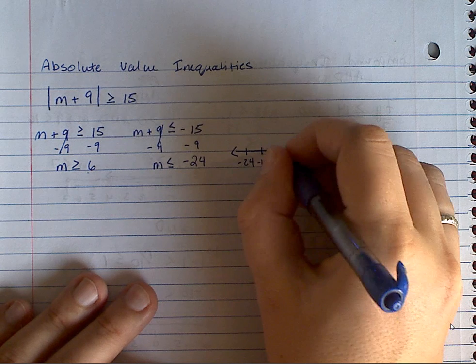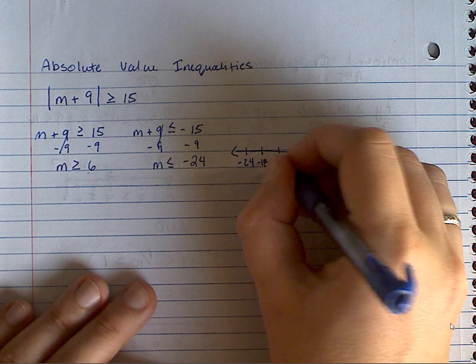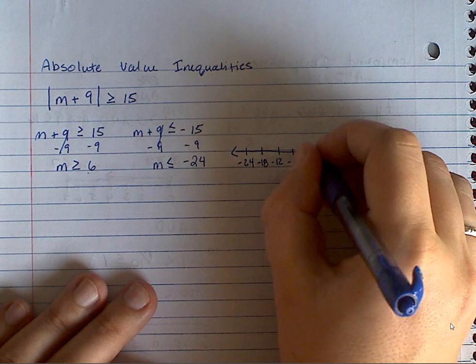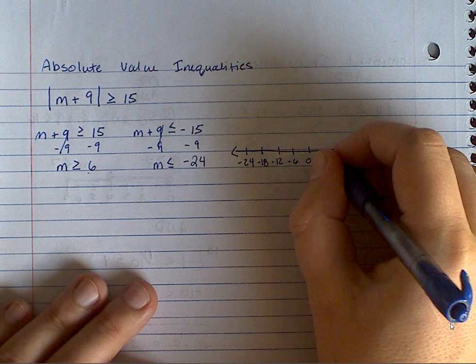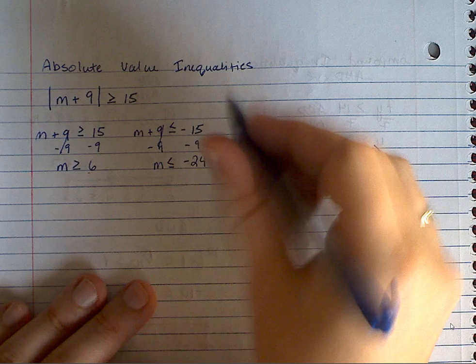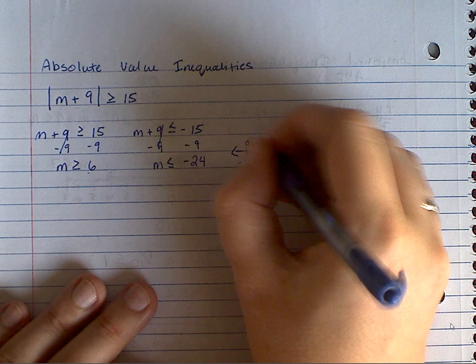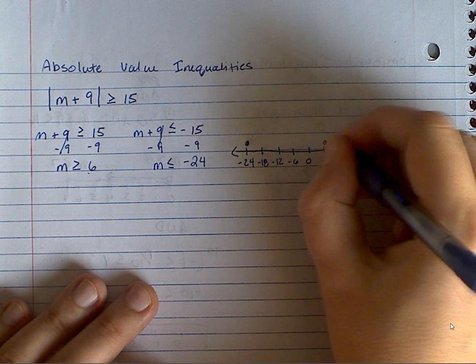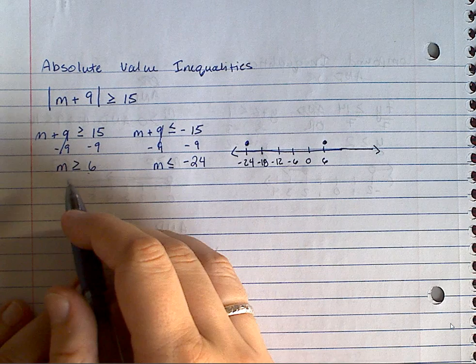If you counted by something else, that's fine. You do you. Negative 24, I'm going to put a dot there, and fill it in because there's the equal to. Positive 6, I'm going to put a dot and fill it in because there's the equal to. Now I'm going to look at these two individually.